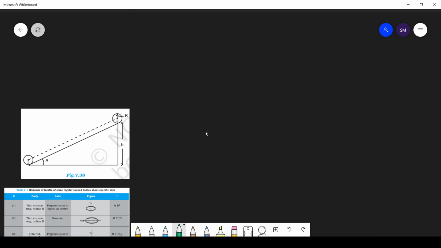Now our next topic is the kinetic energy of rolling motion. Our next task will be to obtain an expression for the kinetic energy of the rolling body, so we'll derive the formula for this.